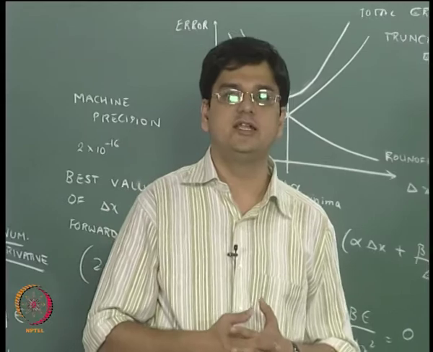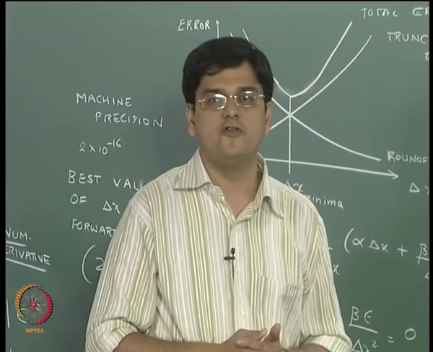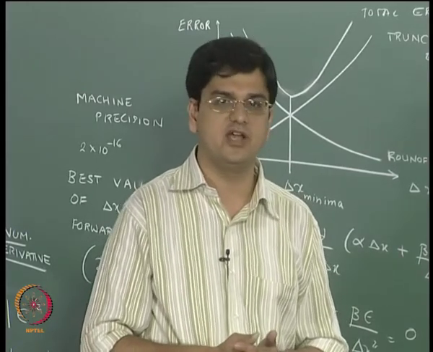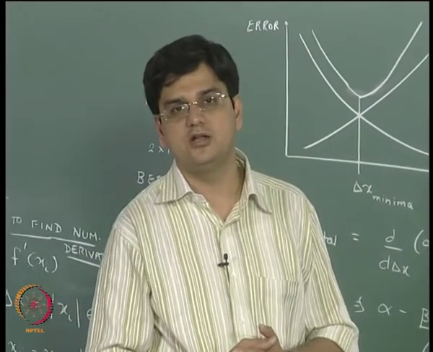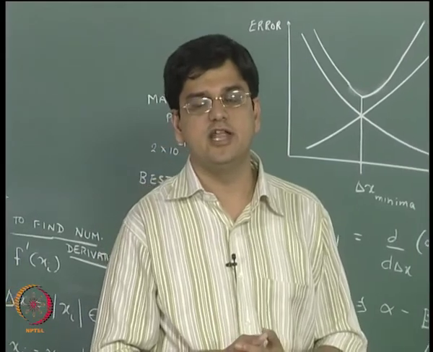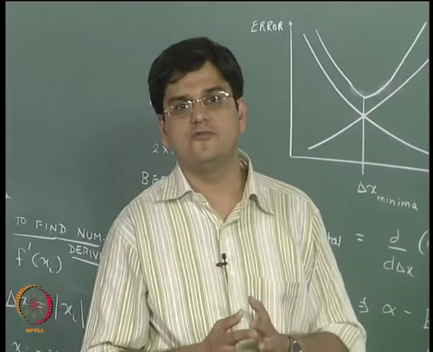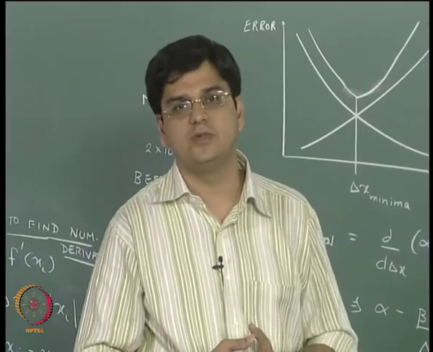Next we used the Taylor series expansion in order to derive the forward and central difference formula for f dash x and the central difference formula for f double dash x. Then we went on to a method called the method of undetermined coefficients in order to get the derivation for f x and f dash x. So that is what we covered with respect to deriving these overall formulae.